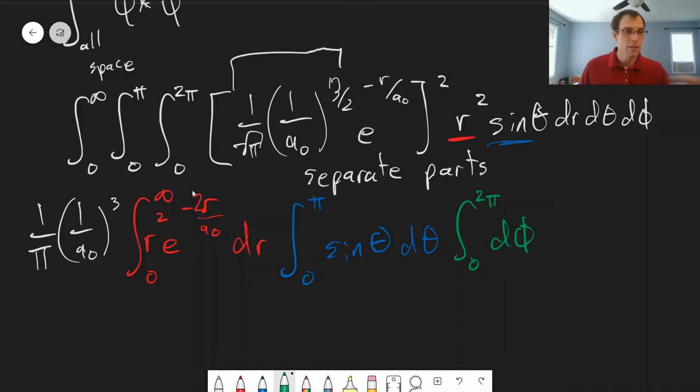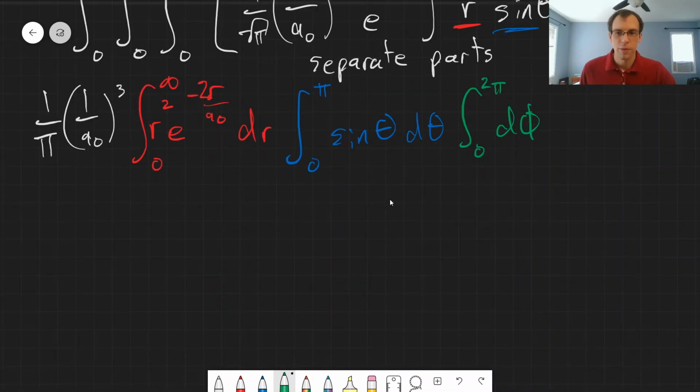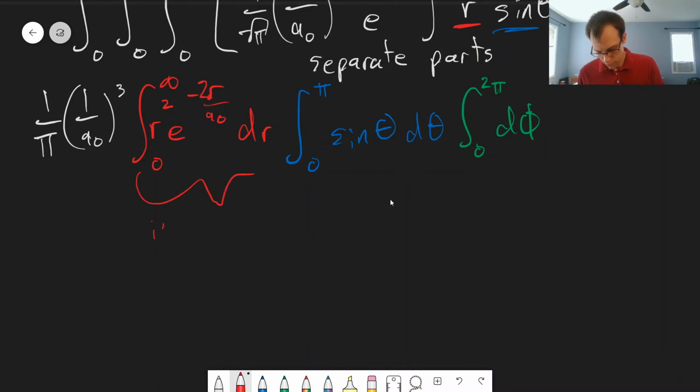And we can solve each of these separately. So for the first one, we'll use an integral table. And I'll just give you the final answer, but this is something you can look up in an integral table. We end up with 2 factorial over, let me read my notes here, 2 over a naught cubed.